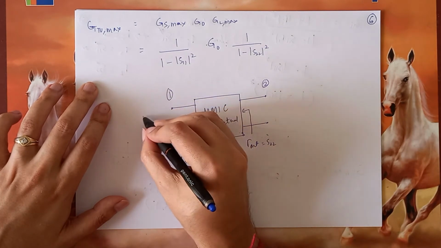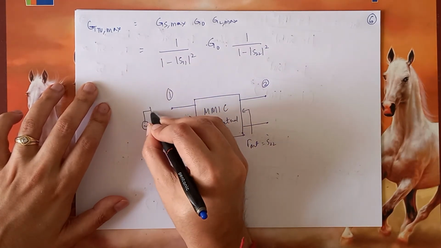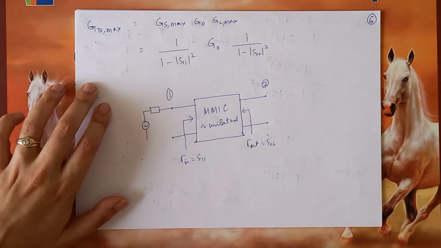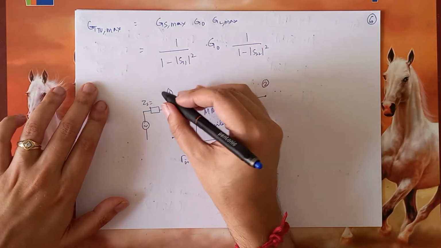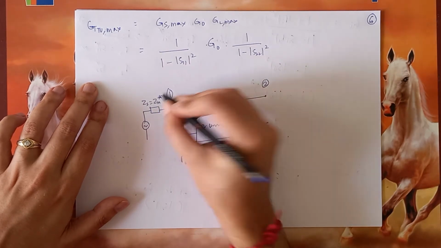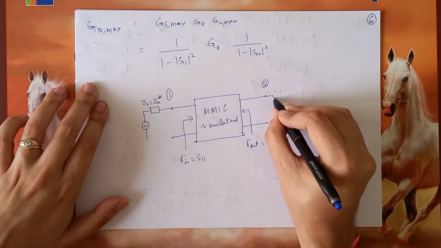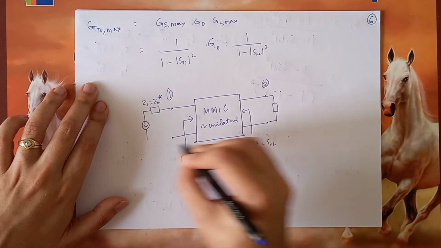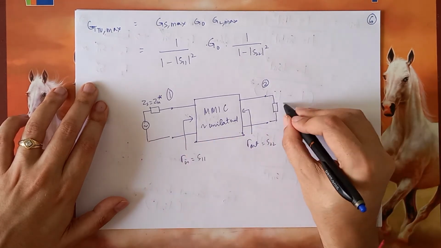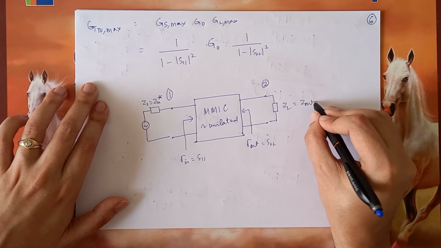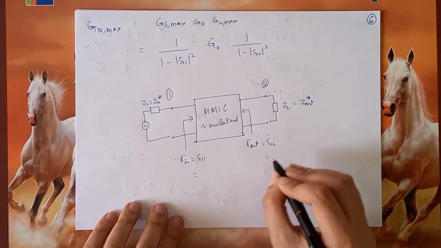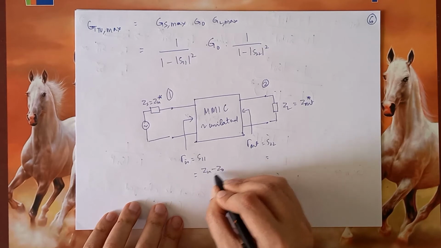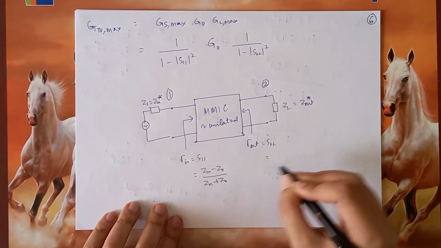Then all I need to do is connect a source of impedance ZS that will be equal to Zin conjugate, and I have to connect the load ZL, which should be equal to Zout conjugate, where obviously, as before, gamma in and gamma out, the formula is standard: Zin minus Z0 divided by Zin plus Z0.